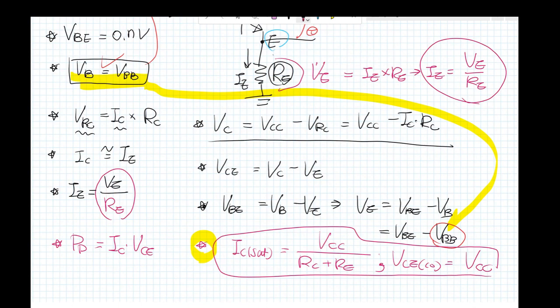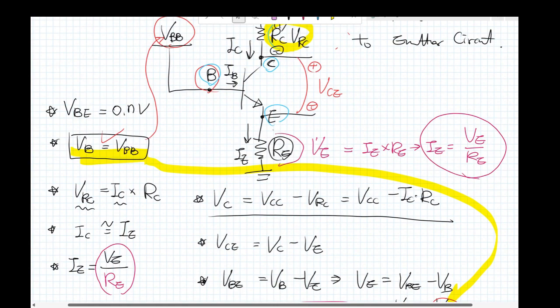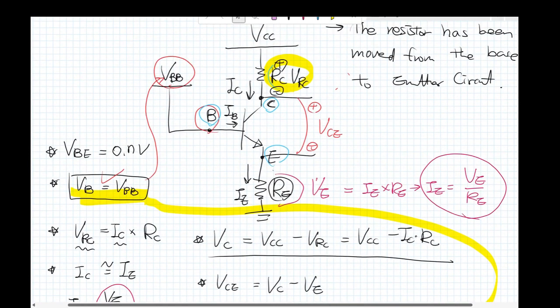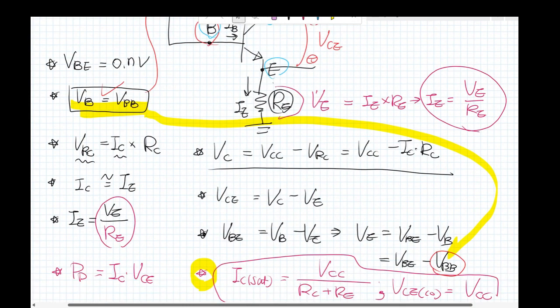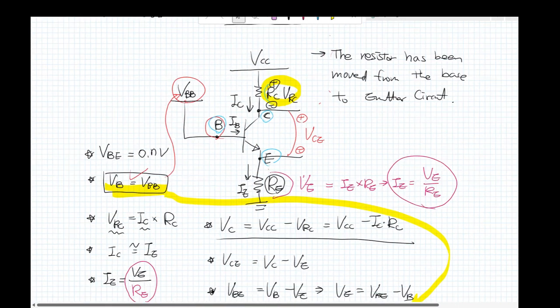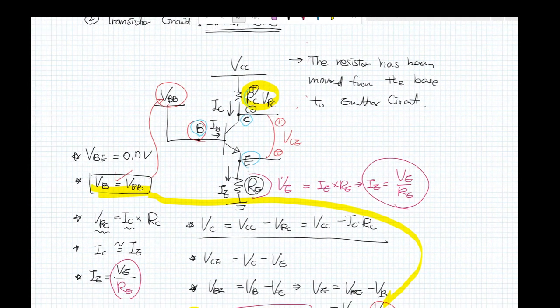All right, so one more time, a reminder for you. That circuit is for the emitter bias transistor circuit. Why? Because compared to the base bias, they move the resistor from the base part to the emitter part.